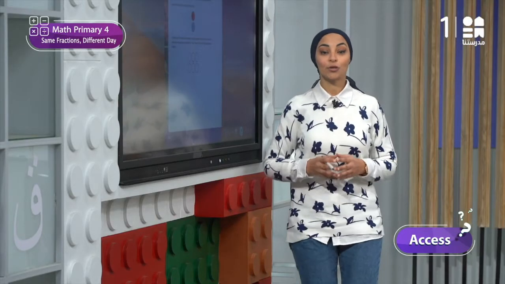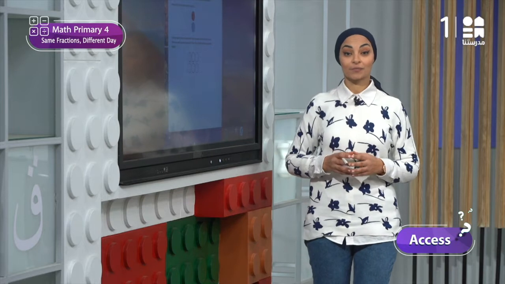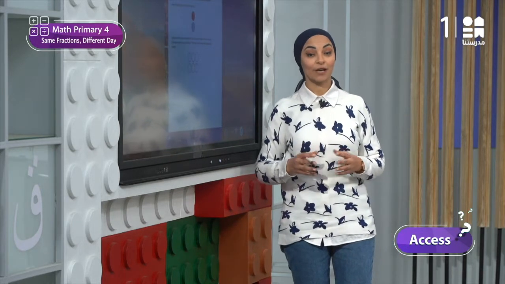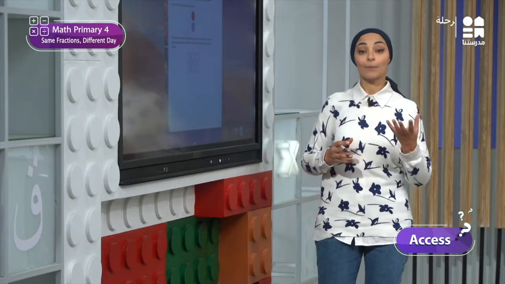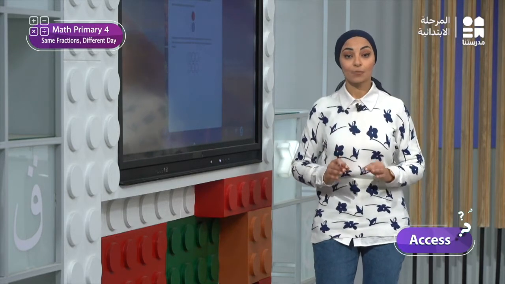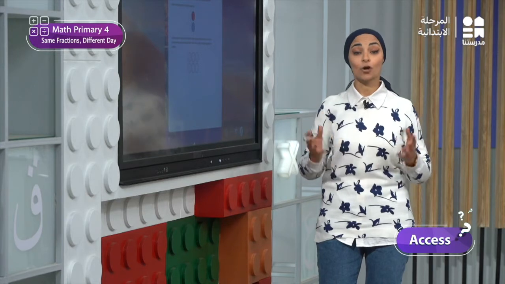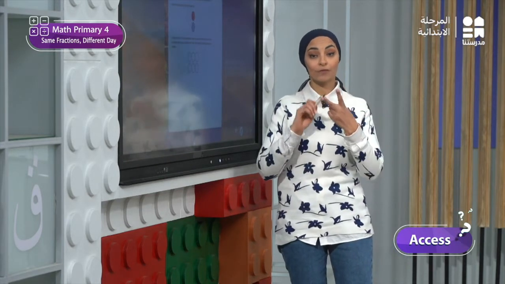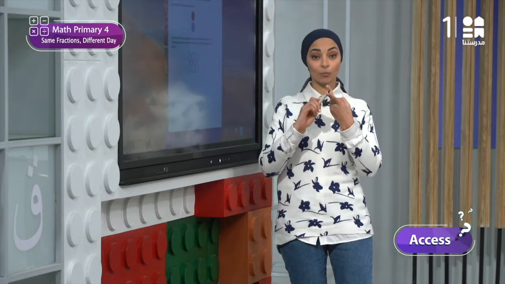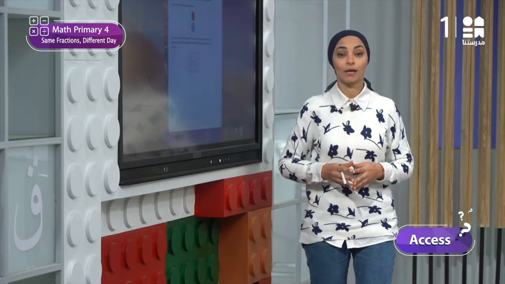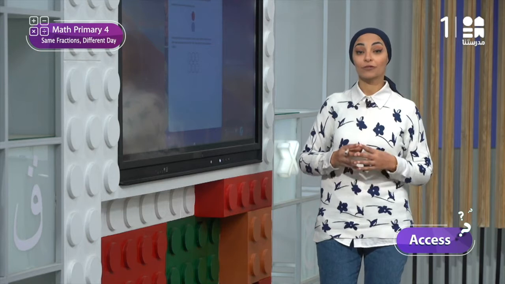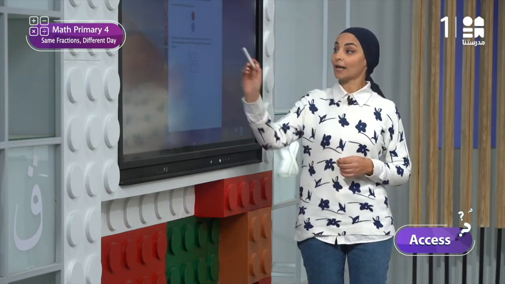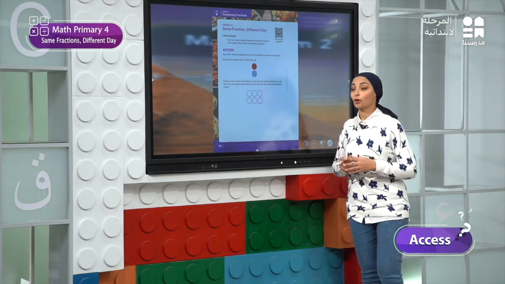Now let's review your answers and thoughts. I'm sure you all noticed that fractions can be a part of a set. In this problem, Amany has a set of 2 buttons, meaning the total number of buttons is 2. One of them is red and the other button is blue. Let's think together about the fraction that represents the red buttons. First, I look at the total number of buttons.